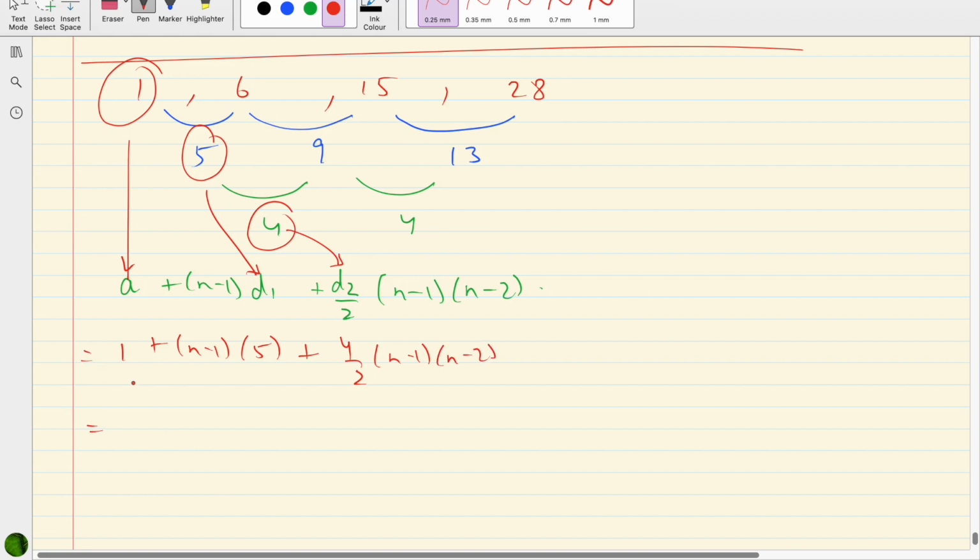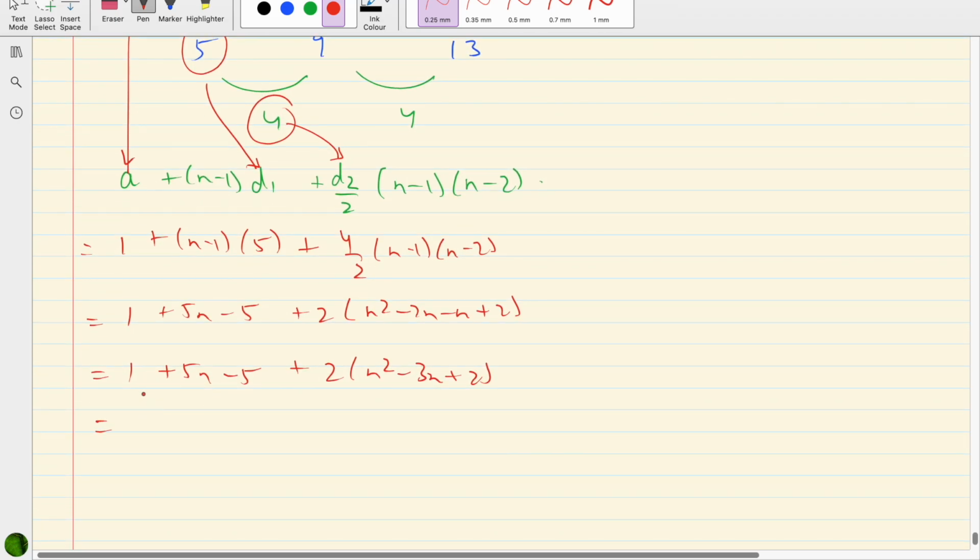Now we just simplify. So this is 1 plus 5n minus 5 plus 2 into n square minus 2n minus n plus 2. 1 plus 5n minus 5 plus 2 into n square minus 3n plus 2. 1 minus 5 is minus 4 plus 5n plus 2n square minus 6n plus 4, and 2n square. 5n minus 6n is minus n. 2n square minus n.